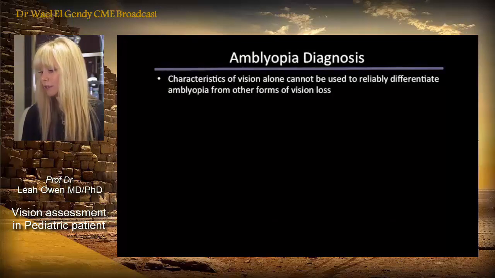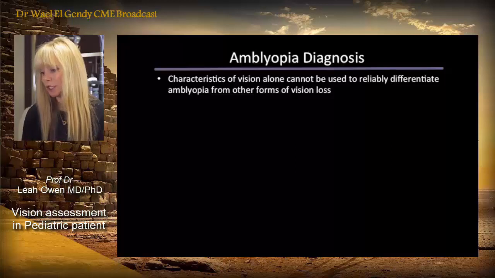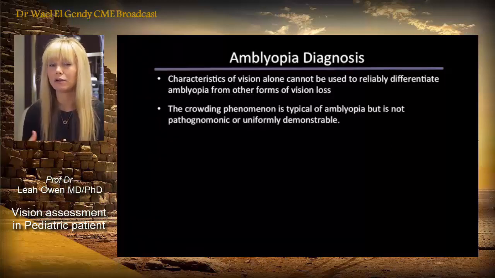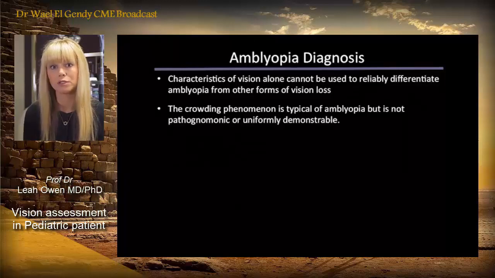So when we are diagnosing amblyopia, again, characteristics of vision alone cannot be used in and of itself to reliably differentiate amblyopia from other forms of vision loss. You have to use other techniques and other pieces of information. As we mentioned earlier, the crowding phenomenon can be helpful in doing this.